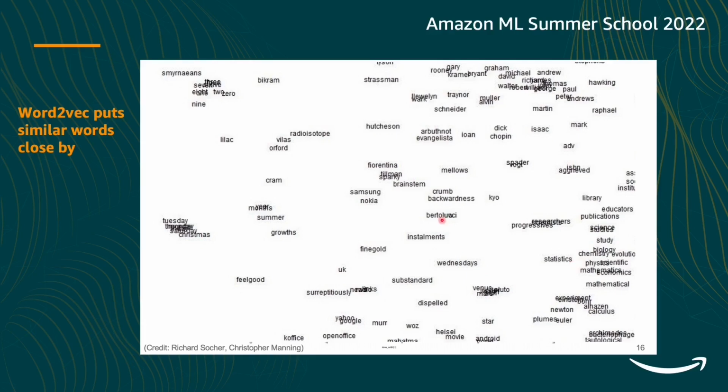And also Samsung and Nokia. These are brand names, again clustered together. And the words which are completely unrelated are further apart from each other. Like educators and Nokia, they do not have any correlation, so they are further away from each other.